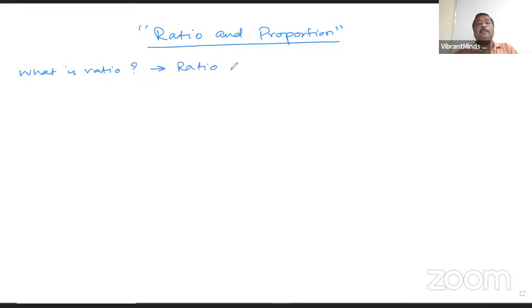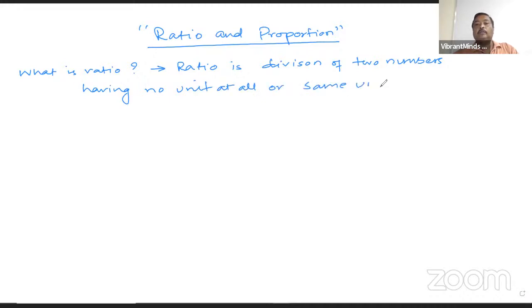So your answer should be, ratio is division of two numbers having no unit at all or same units. Now, what it means, no unit at all or same units.